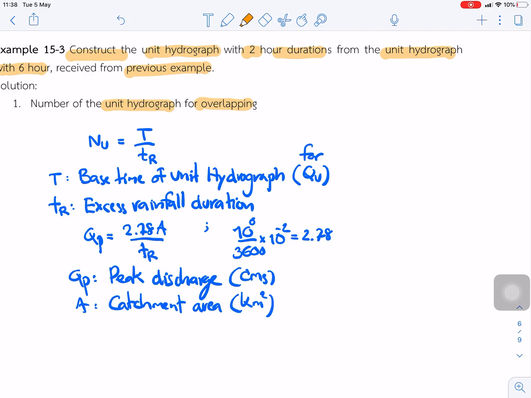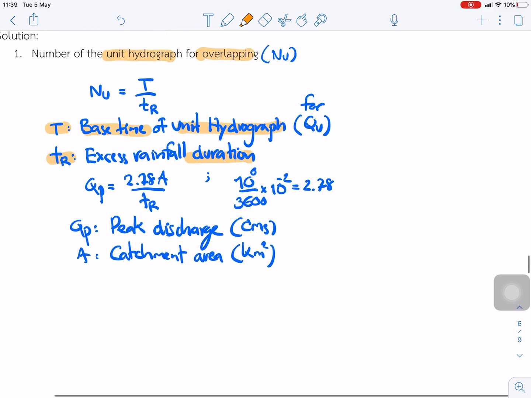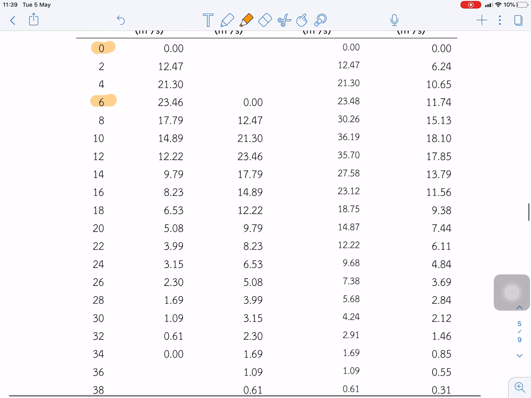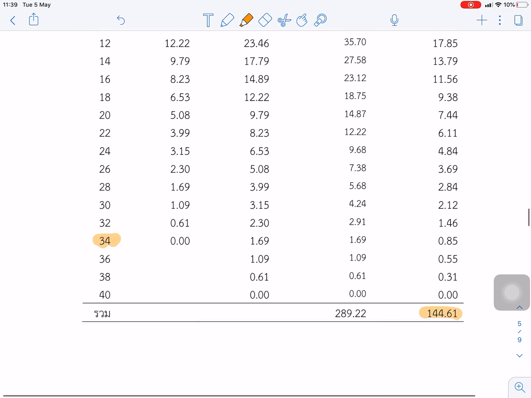Nu, the number of unit graphs for overlapping, is equal to T divided by the expected rainfall duration, where T is the base time of the unit graph. What is the base time? You can see the base time is 34 hours.